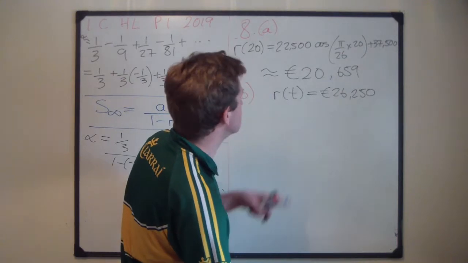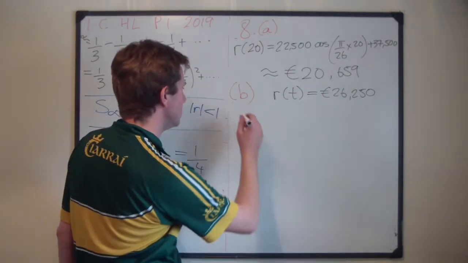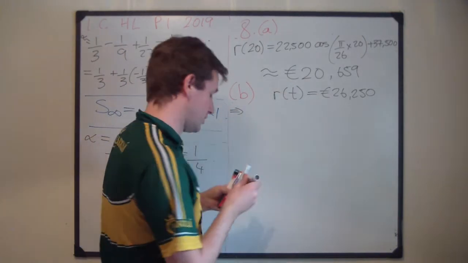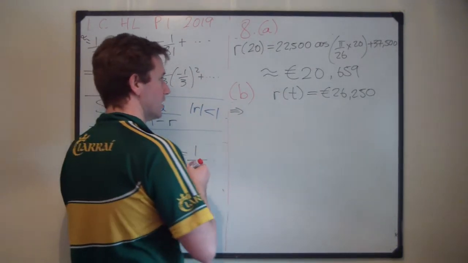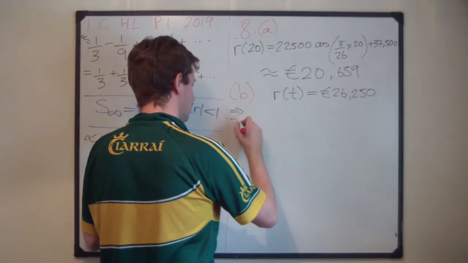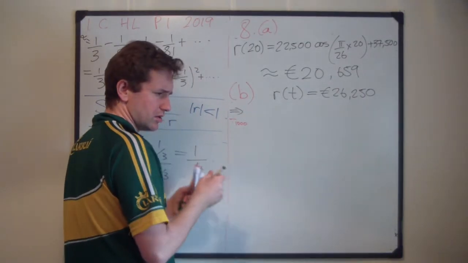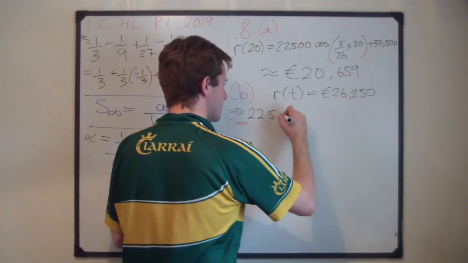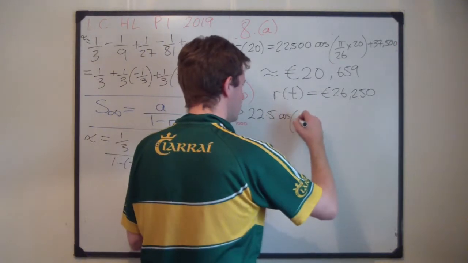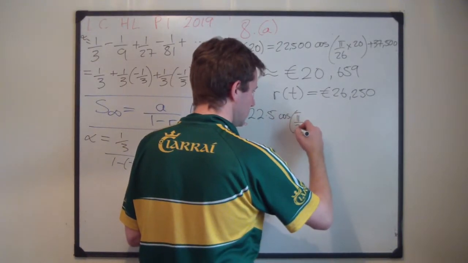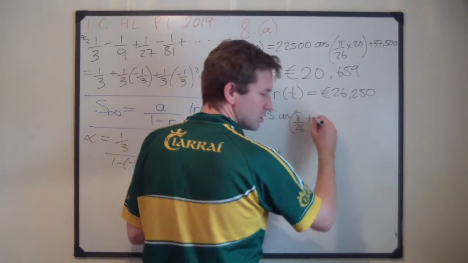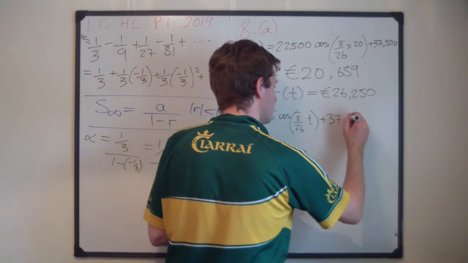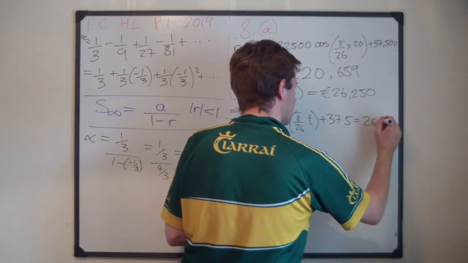So R of t is, now I'm going to put in the R of t, but I'm going to divide both sides by 1,000 because it's very messy otherwise. So I end up with 22.5 cos pi over 26t plus 37.5 equal to 26.25.